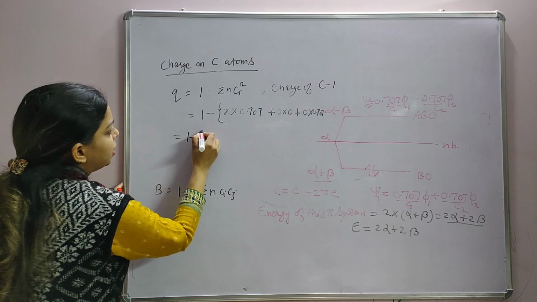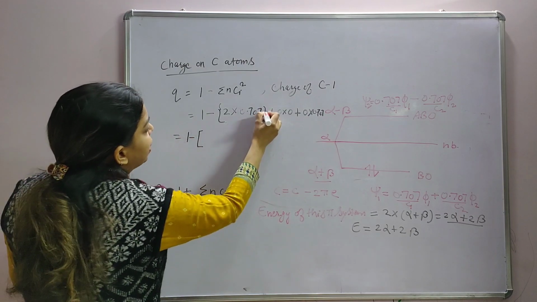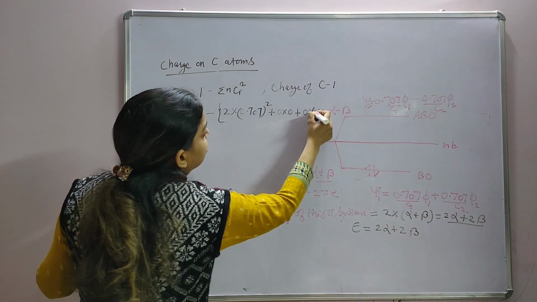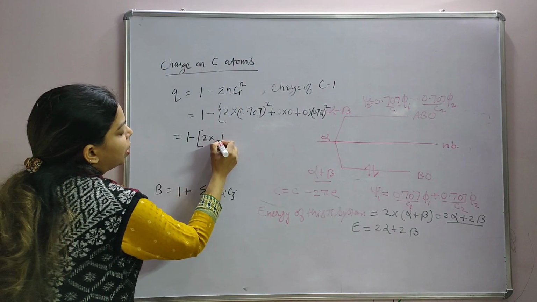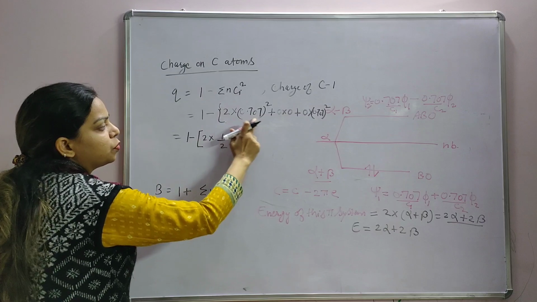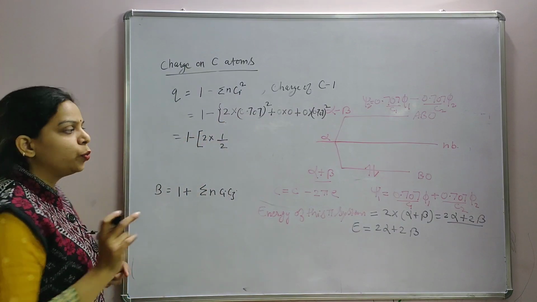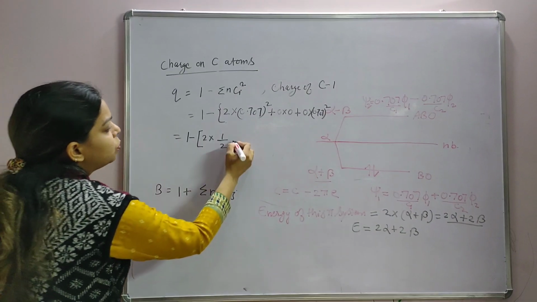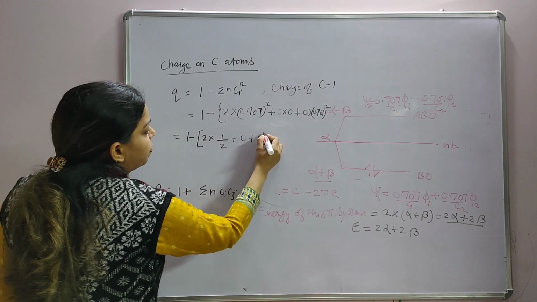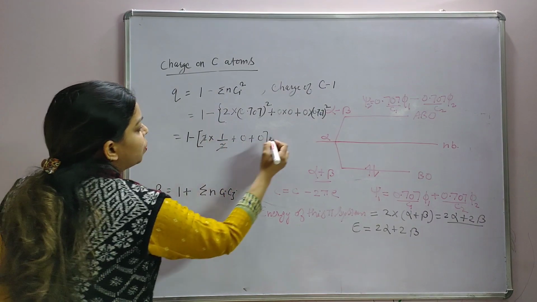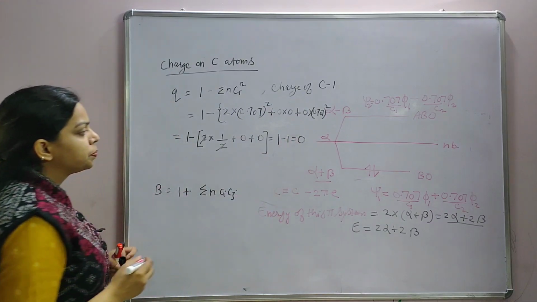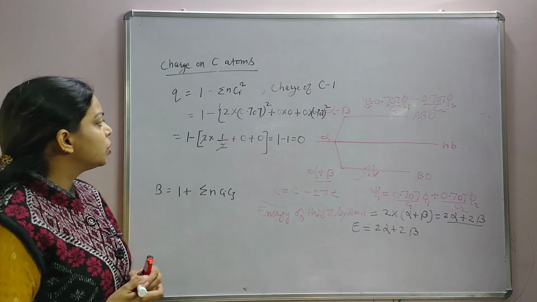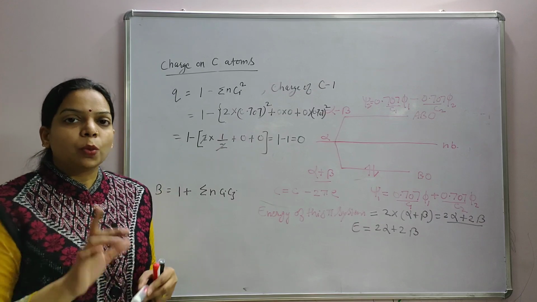It becomes 1 minus, we have to take the square, so 2 into 1 by 2, because this coefficient is equal to 1 by root 2, and the square of root 2 becomes 2, plus 0 plus 0. It is 1. Hence 1 minus 1 is equal to 0. So this is the charge on carbon atom 1.